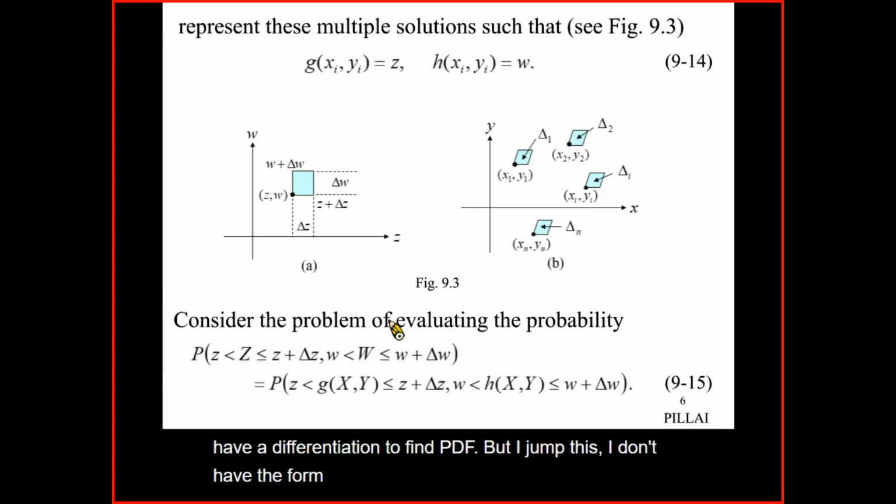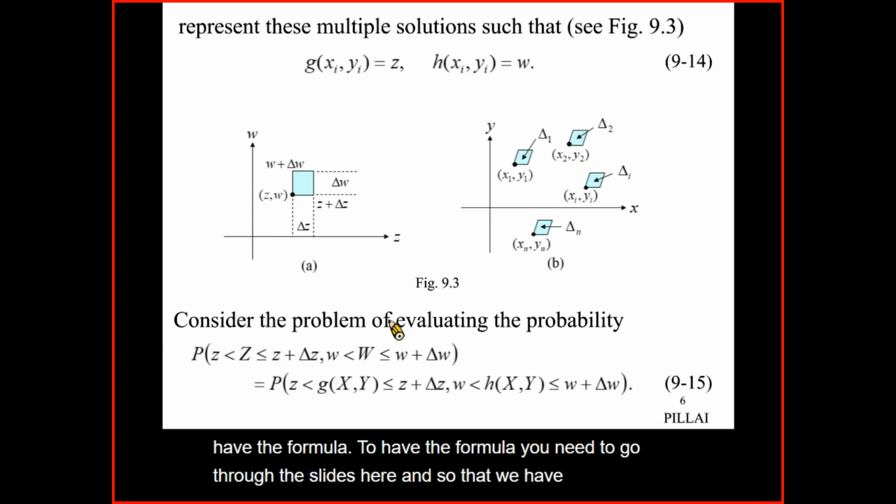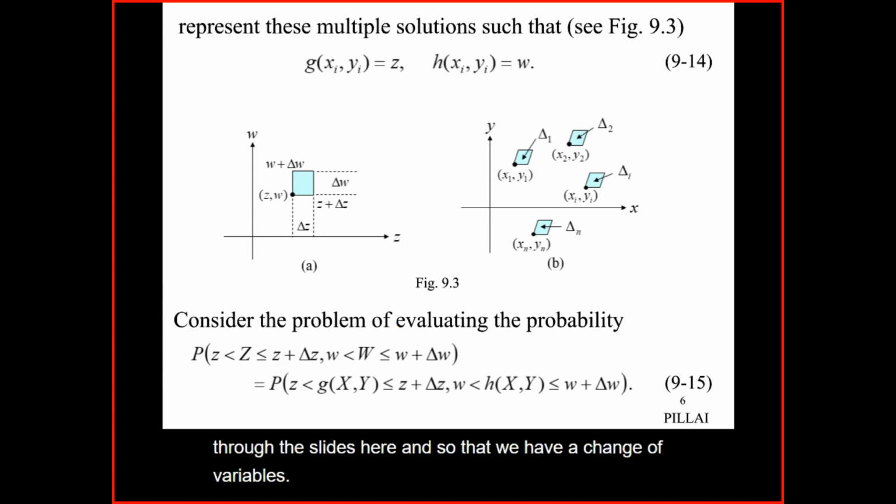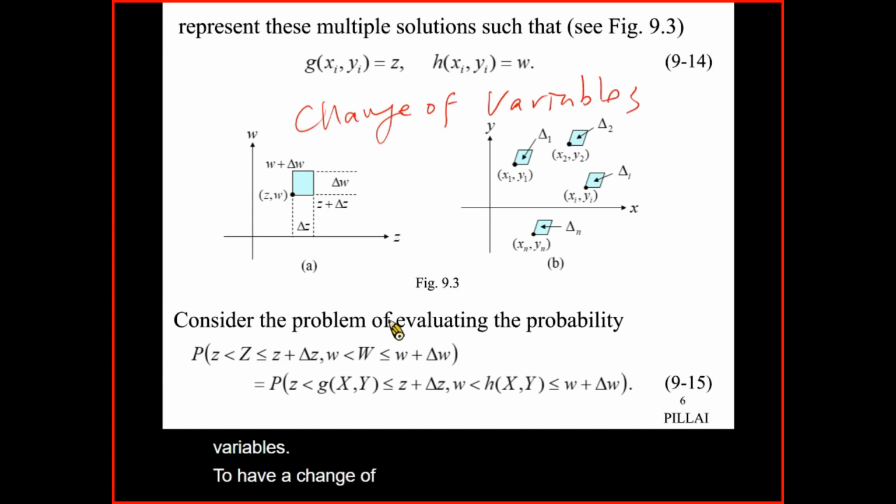To have the formula, you need to go through the slides here. And so that we have a change of variables. With a change of variables, we may have some further results, including the Jacobian.